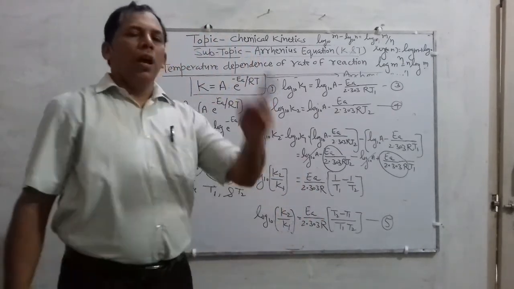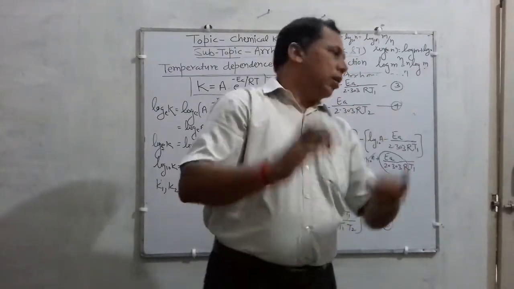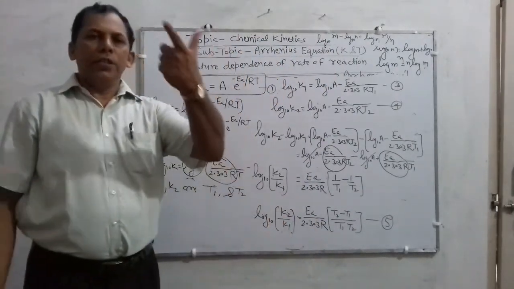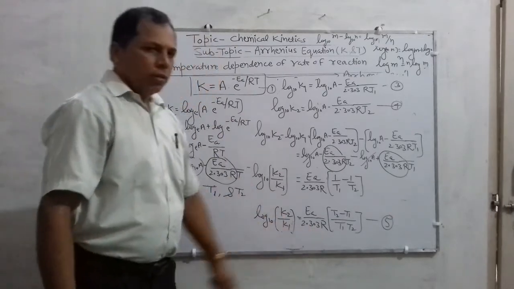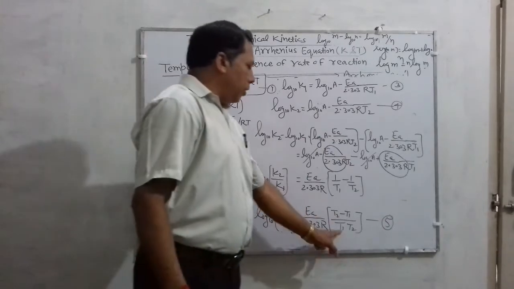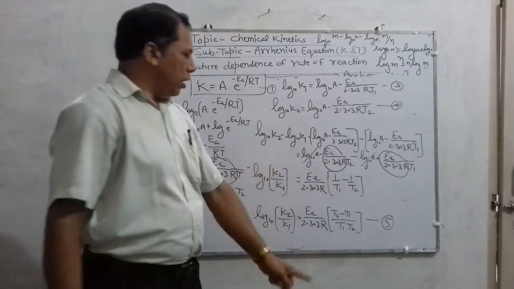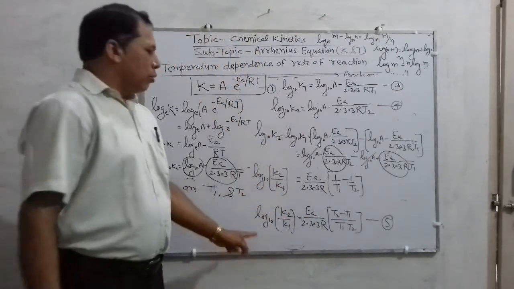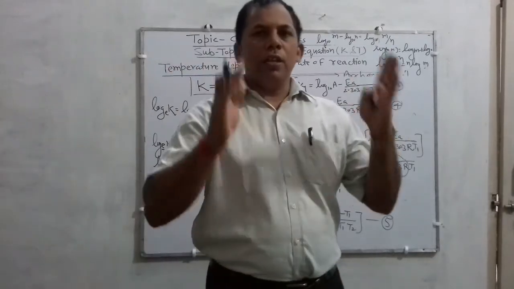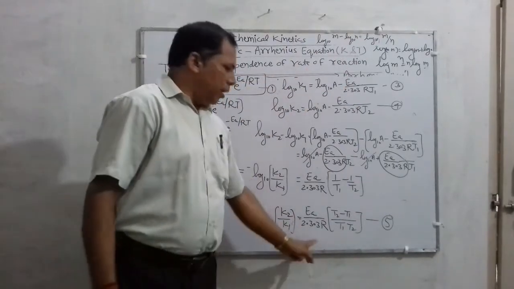So this equation relates rate constant, temperature and activation energy of the reaction, where R is a constant, that is the gas constant. So in this equation, K1 and K2 are rate constants, T1 and T2 are temperatures on the Kelvin scale, E_a is the activation energy, and R is the gas constant. So this expression 5 is called the Arrhenius logarithm expression for temperature dependence of the rate of reaction.